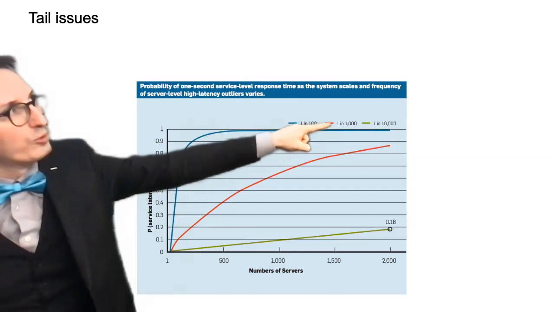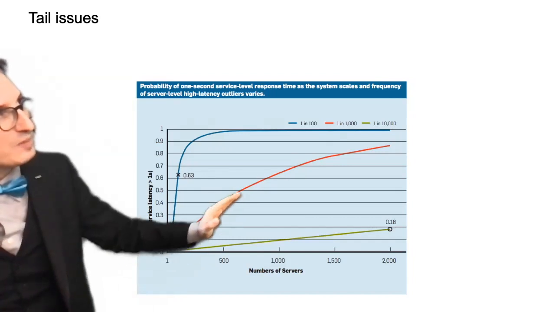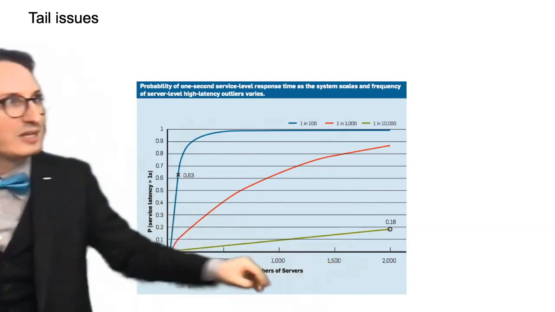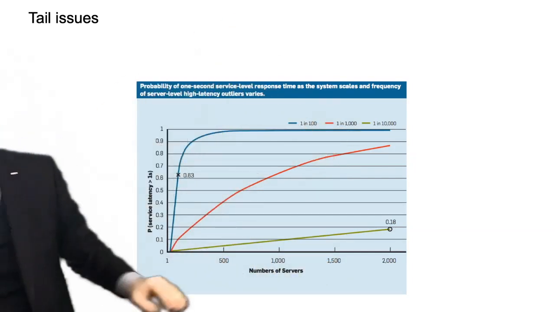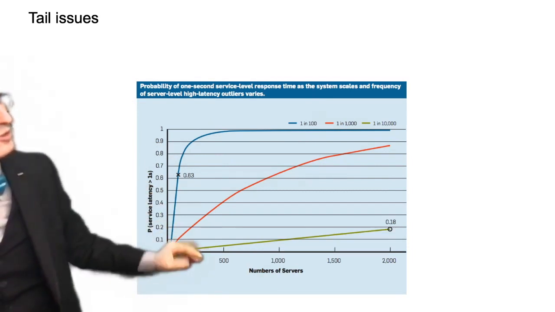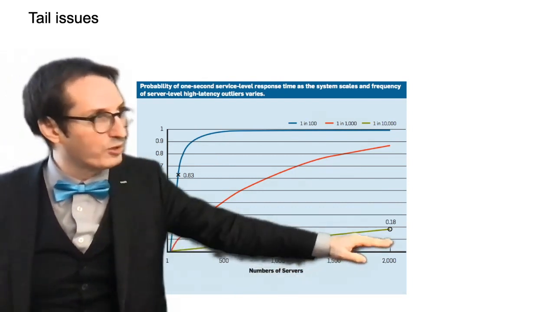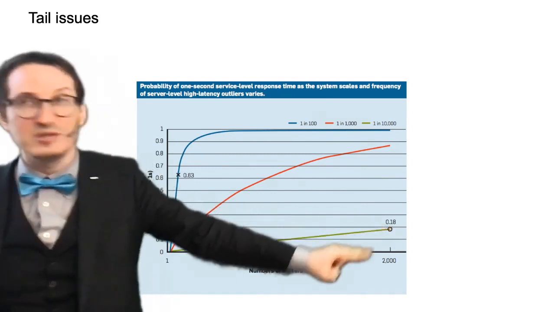Now, if you try to improve to 99.9%, 1 in 1,000, the curve shifts a bit, but it still eventually goes to 1. And this is not so many machines. This is what you have in a data center. But even if you go to 1 in 10,000, the curve is still going up. It's more linear here, of course. You can do the math.